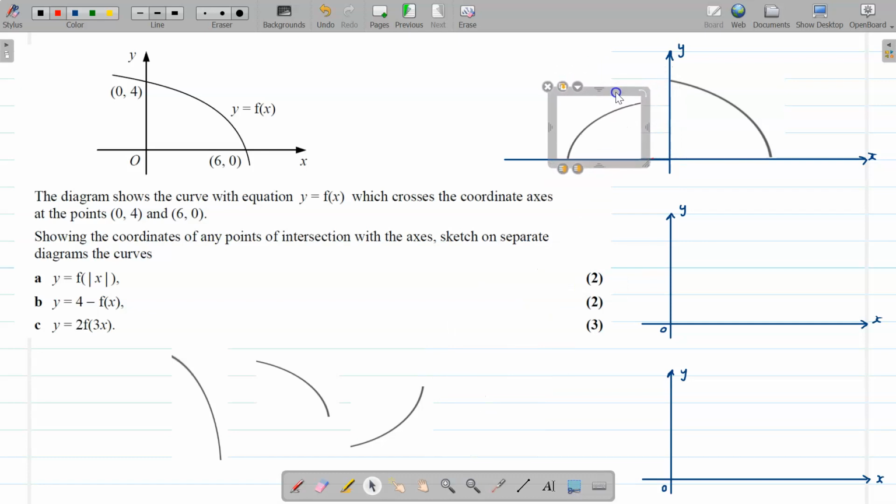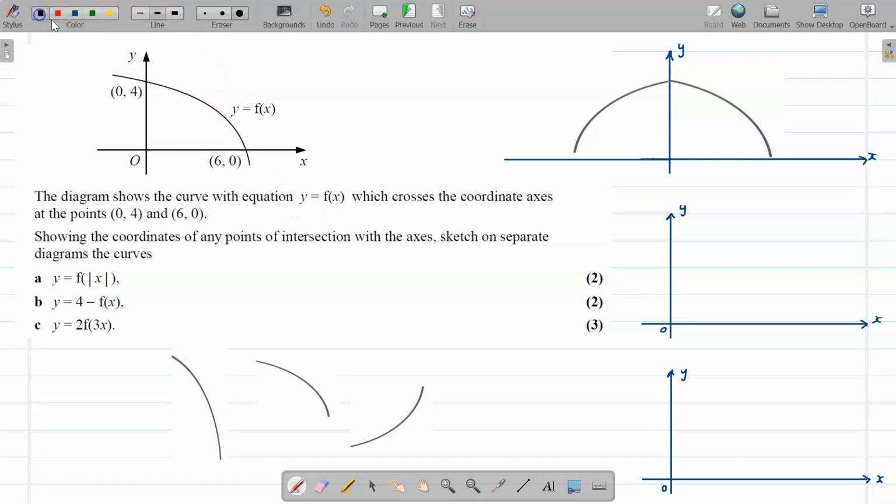If I start about there and stretch that up, it should roughly look correct. If I just move that into position like that. Okay, and that would be the shape of that function, y equals f of mod x.